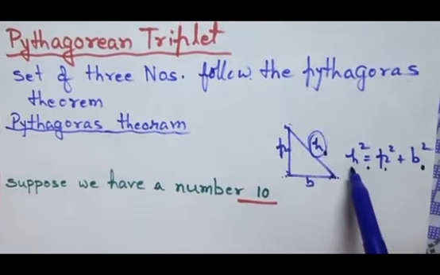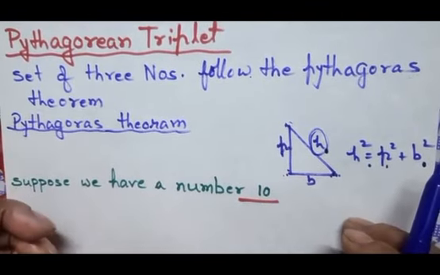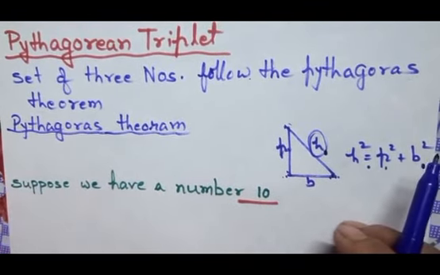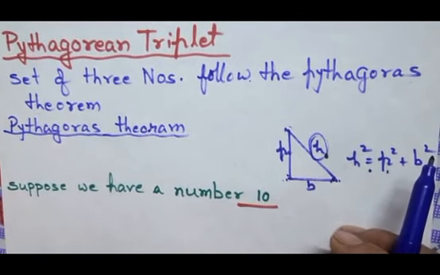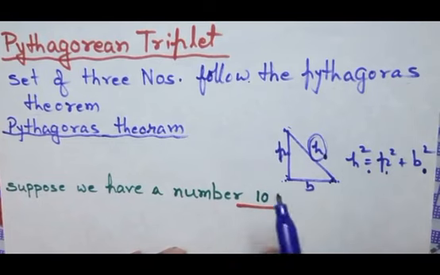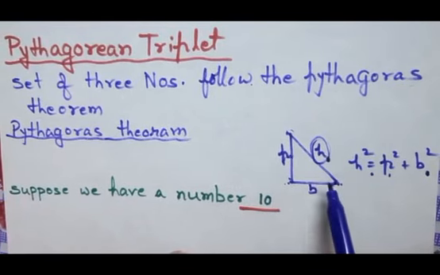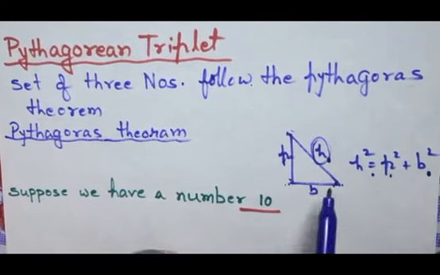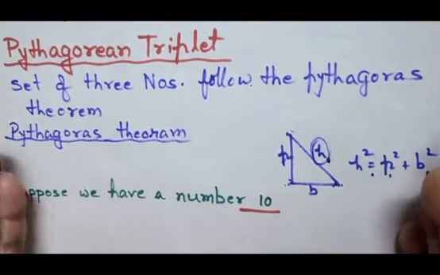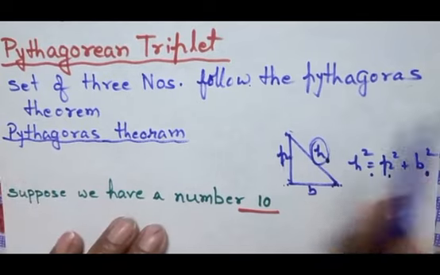Similarly, if you have three numbers, then for a Pythagorean triplet, you have to find any three numbers in which the square of the greatest number among them will be equal to the sum of the squares of the other two numbers.